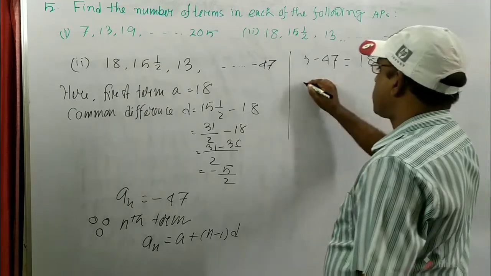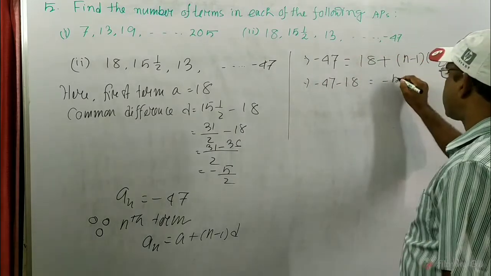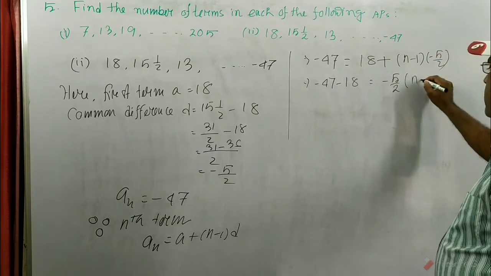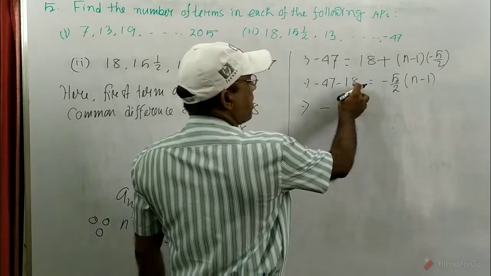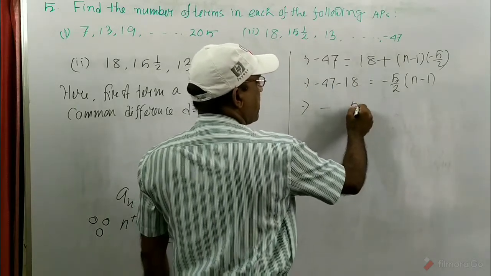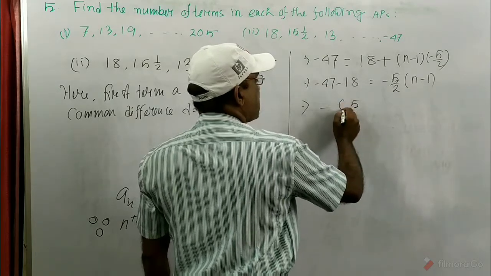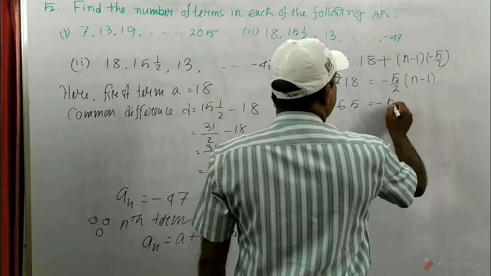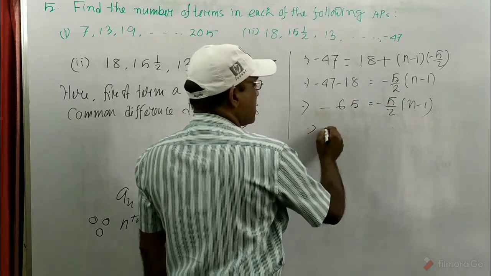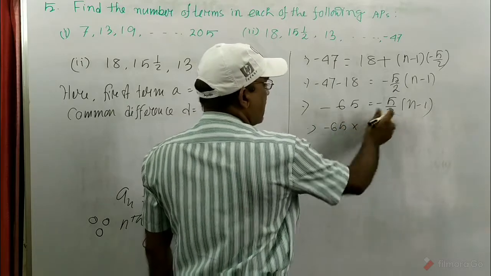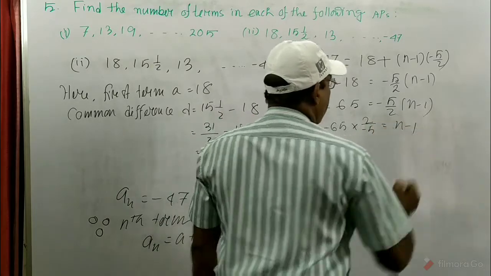So minus 47 minus 18 equals minus 5 by 2 times (n minus 1). Adding 47 and 18, this is 65. So minus 65 equals minus 5 by 2 times (n minus 1). This becomes 2 by minus 5 times 65.